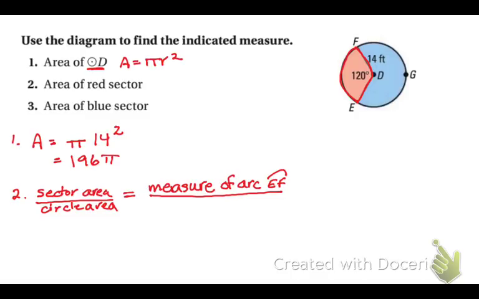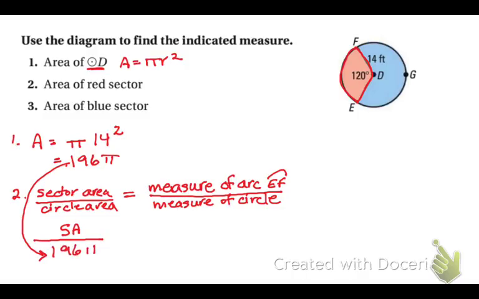divided by the measure of the circle. Okay, so let's fill in the areas. Our sector area we don't know, and I'm just going to abbreviate that to SA. The circle area we already know is equal to 196 pi.